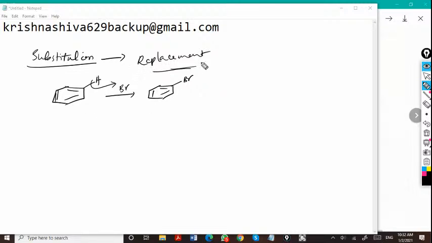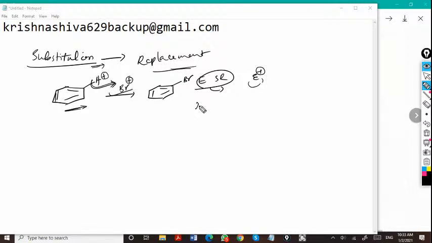If one atom takes the position of an atom in the starting material, it is called replacement or substitution. The reactions of replacement or substitution are said to be substitution reactions. If the replaceable atom is an electrophile and the replacing atom is also an electrophile, it is considered an electrophilic substitution reaction, where an electrophile replaces another electrophile.